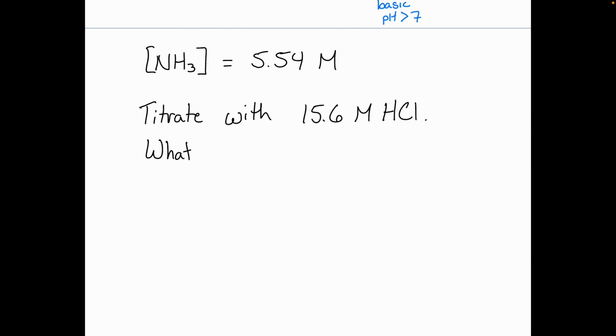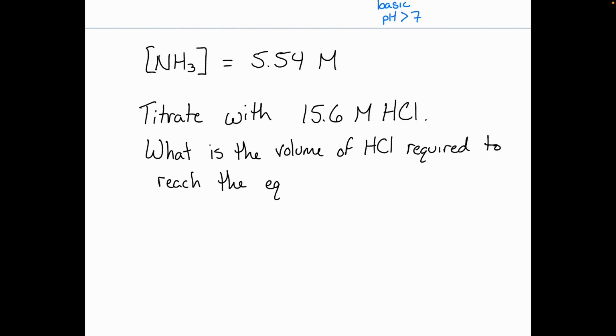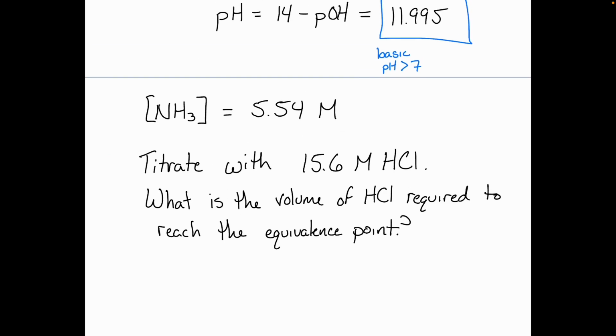And what I could ask you, and this is almost more practicing your solution stoichiometry, is what is the volume of HCl required to reach the equivalence point? I should note that we had 355 milliliters of our solution here.